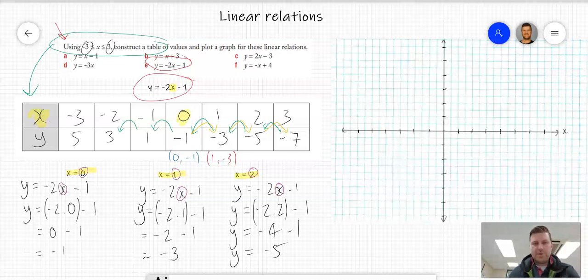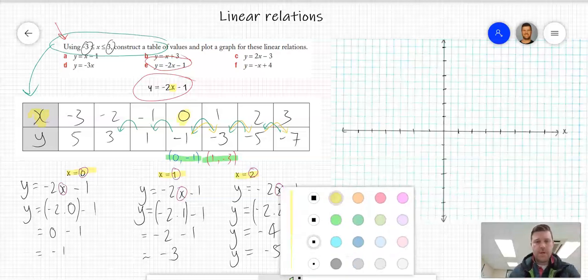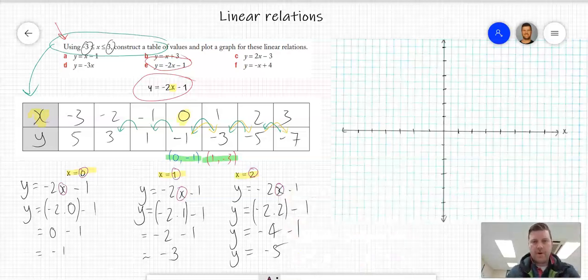Now, I've already put 2 coordinates here: (0, -1) and (1, -3). They're 2 coordinates that will go onto this Cartesian plane. I've got 7 points now. Let's start by putting that first one down, the blue one, (0, -1). Again, 0 comes off the x-axis, and -1 comes off the y-axis.